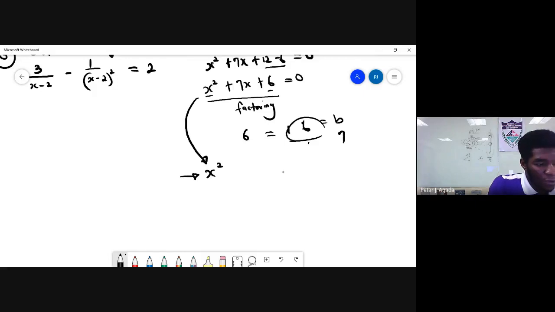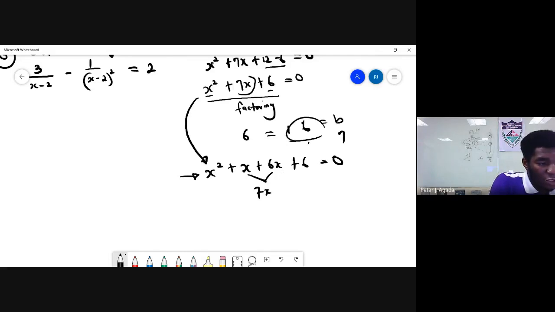It becomes x squared plus, remember I can have just 1x, so I don't confuse anyone. For some of you, you can just put x, because the coefficient of x is also 1, plus 6x plus another 6 is equal to 0. As you can see, 6x plus x is equal to 7x.